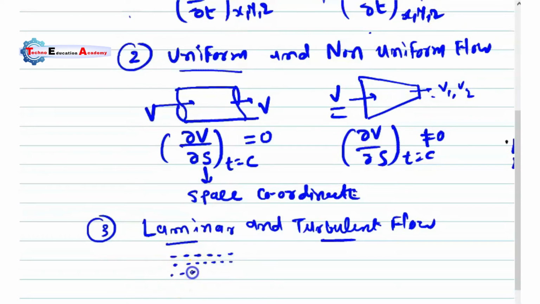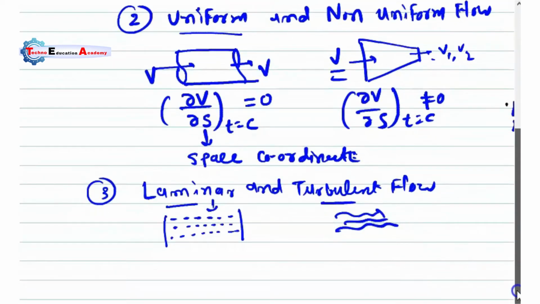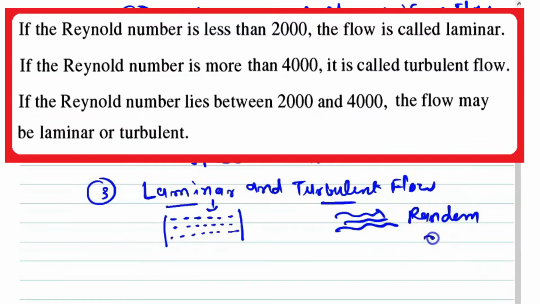There is no randomness in the flow. All layers pass over the adjacent layer; then it is called laminar flow. But in the case of turbulent flow, turbulence occurs, so the layers are not attached with adjacent layers. It is in random motion, and then it is called turbulent flow.